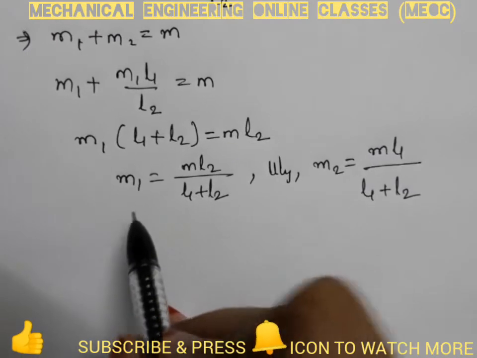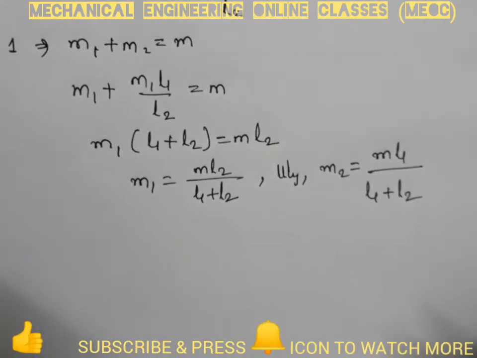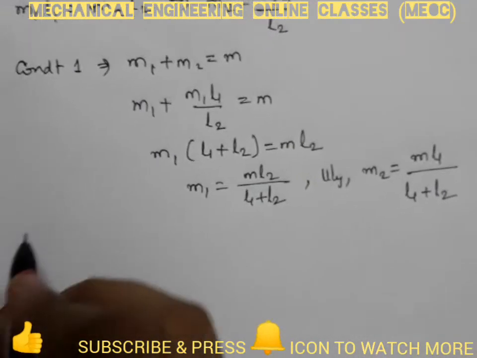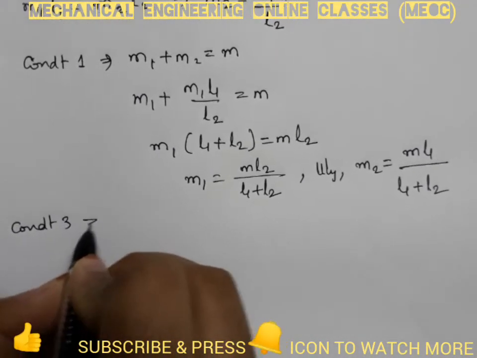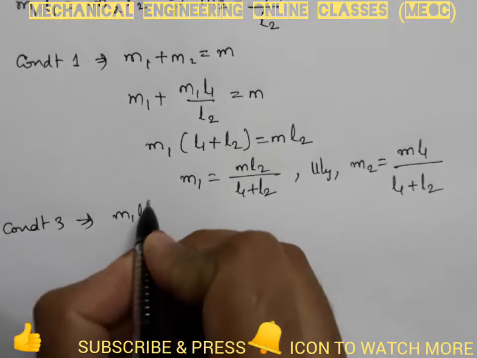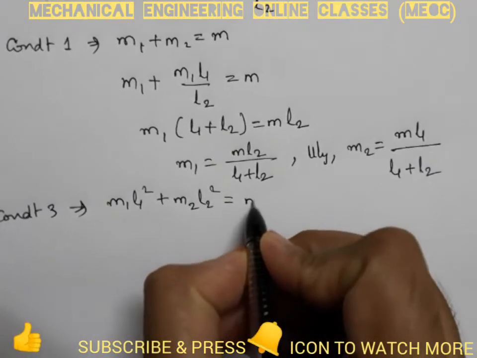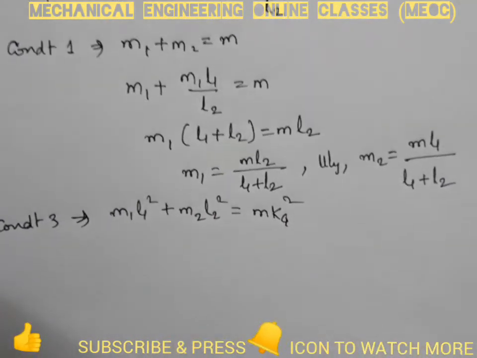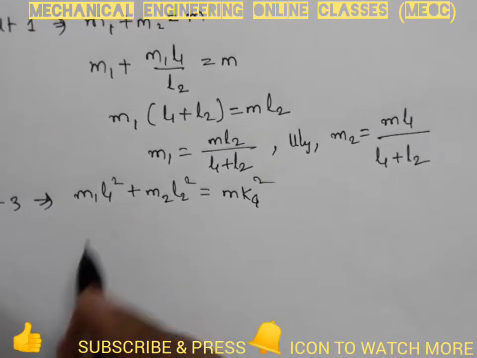So substitute M1 and M2, which are in terms of M, L1 and L2, in condition number 3. Condition number 3 is M1 L1 square plus M2 L2 square is equal to M kg square. This is condition number 3. So substitute M1 and M2 in this.